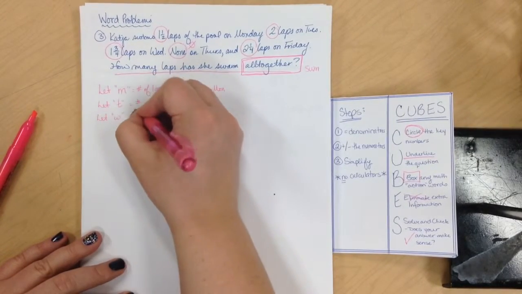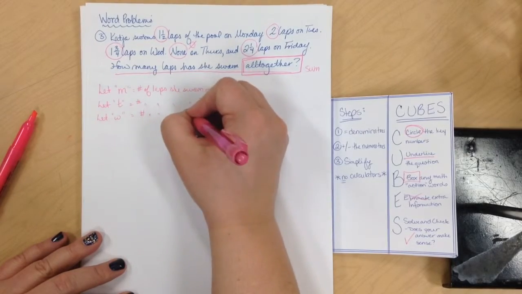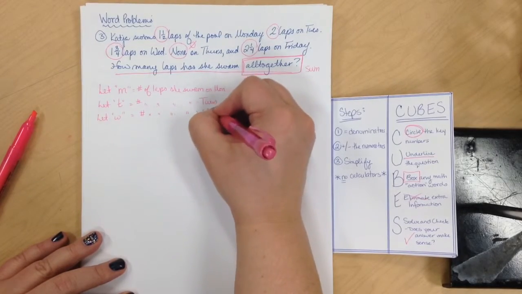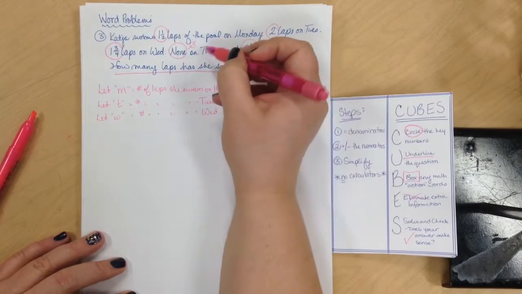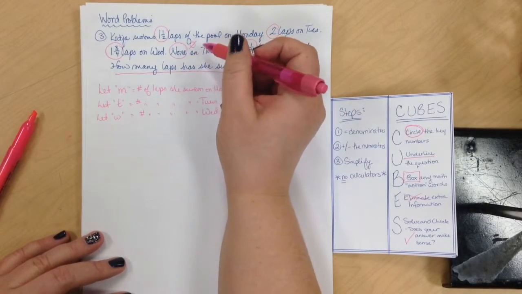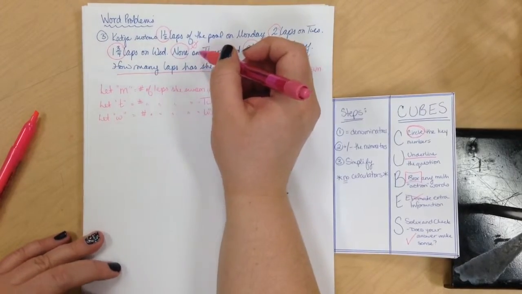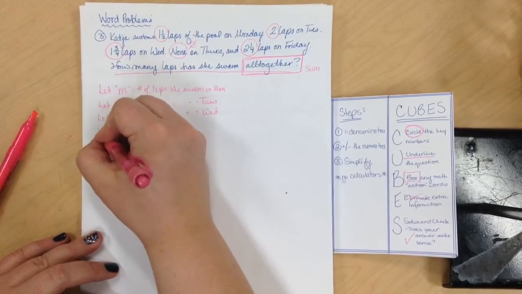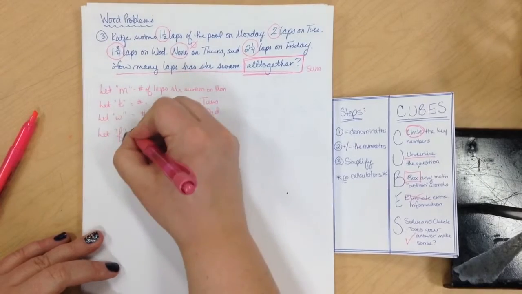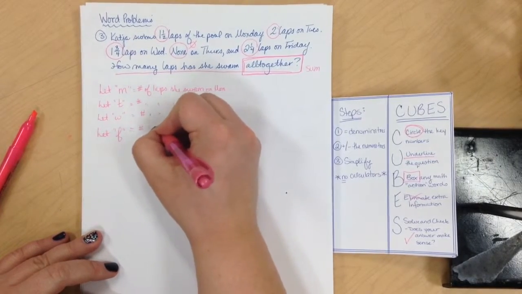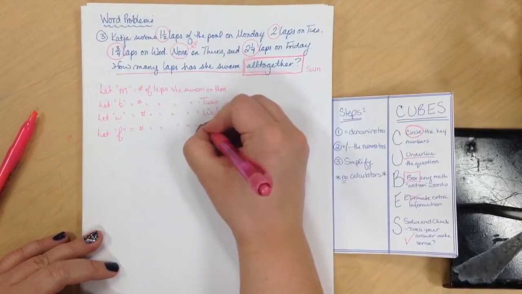Let W represent the number of laps she swam on Wednesday. Thursday she didn't swim any. So because I'm adding, I'm just going to leave this one out. I don't have to add a 0 in. So let's move on to Friday. Let F represent the number of laps she swam on Friday.